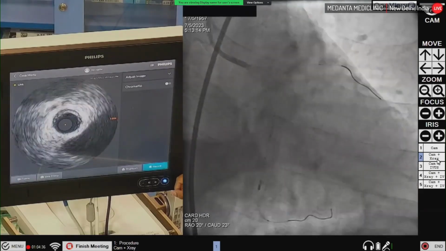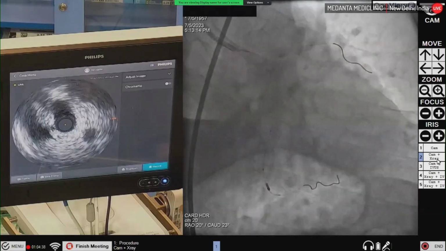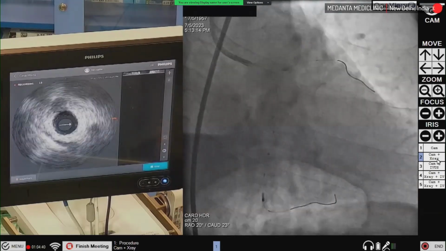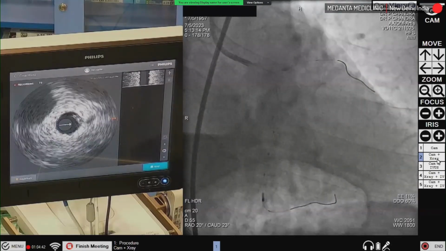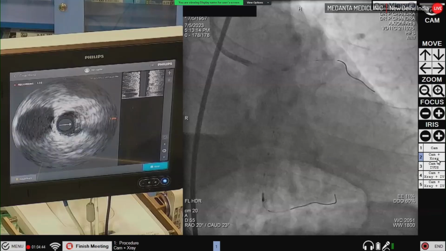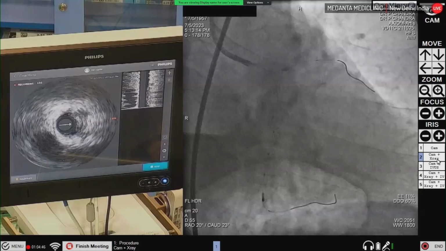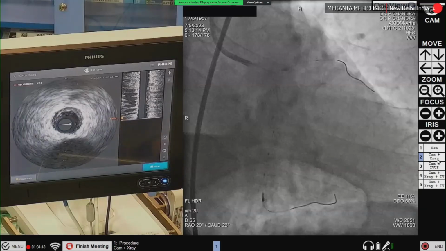Big vessel. Quite big vessel. 2.5. Okay. Display. So this is the distal vessel.